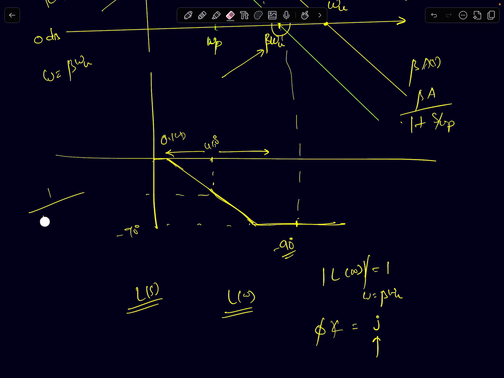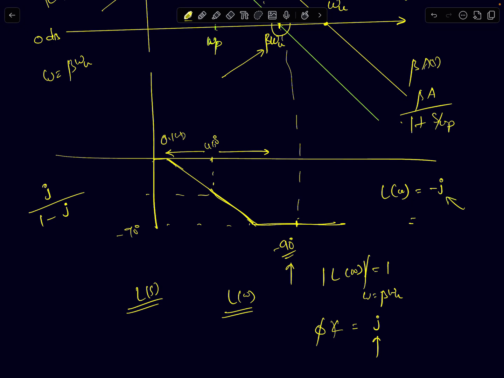So let me just directly write it off. So it will be 1 minus j. Okay, and therefore L of omega is simply minus j, because the phase is minus 90 degrees. Okay, and the magnitude is equal to 1. So I can write it as simply equal to minus j.